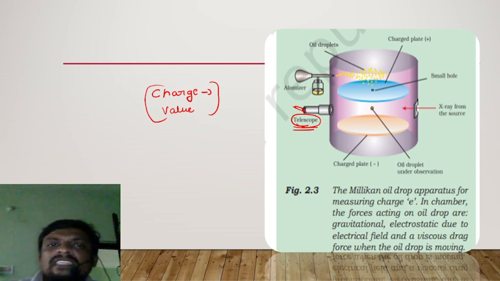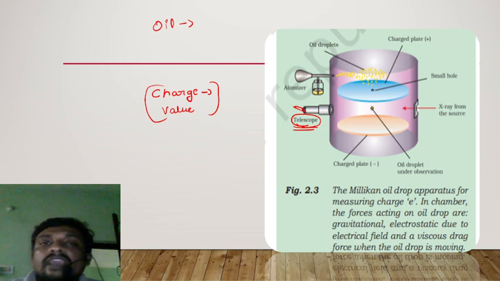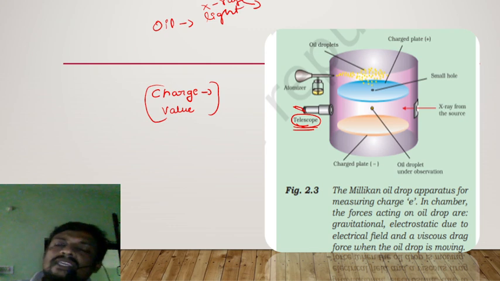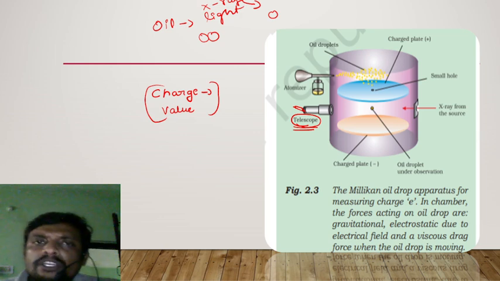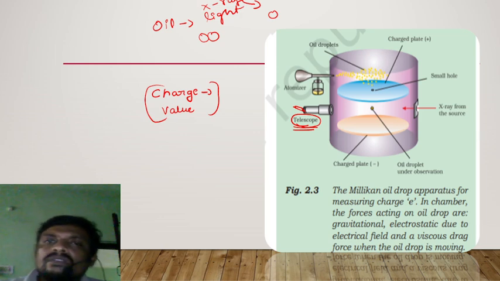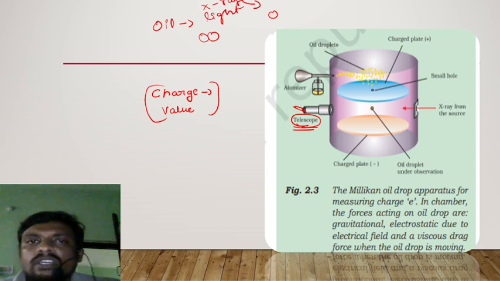The oil droplets, or mist, contain charged particles when they are exposed to ionization. What are the rays that are exposed here? X-ray type of light rays. So this X-ray contains charged particles, protons, neutrons and electrons.